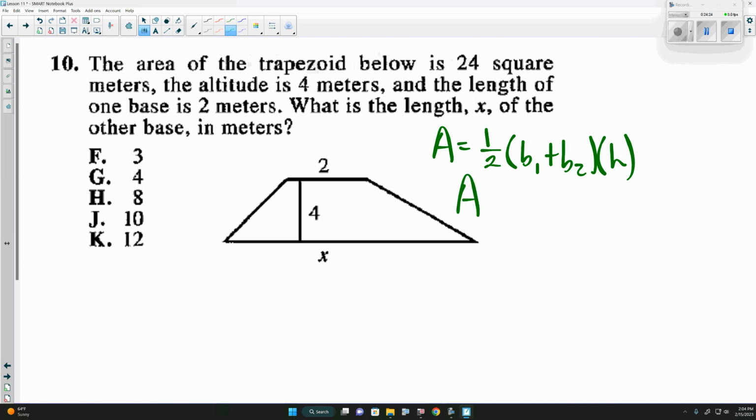Well, times, right, we can put plus x and solve for it there.